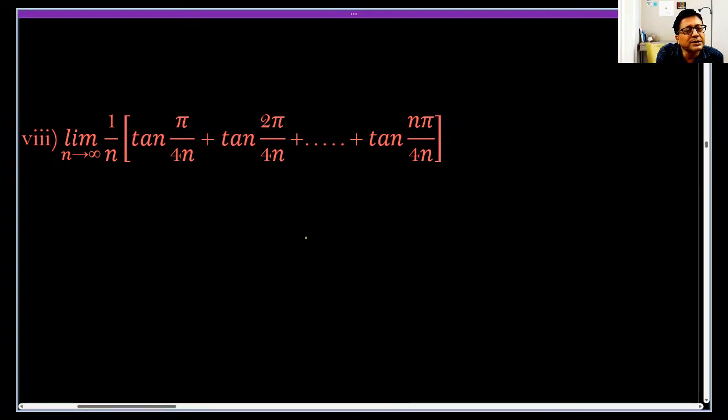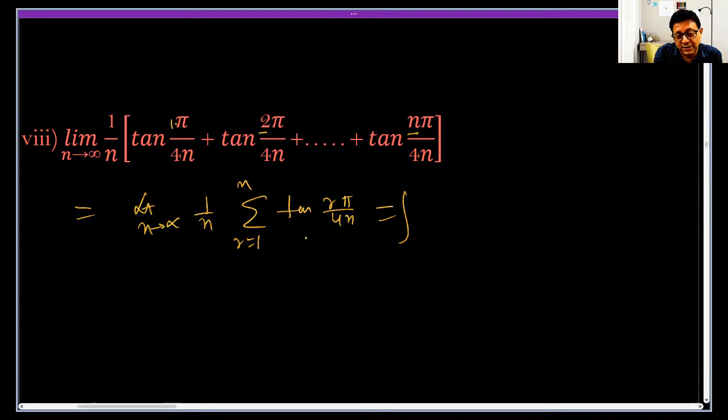See, it is given in a particular form. The pattern is given only. Sigma tan, which part is changing? It is 1, 2, then n. Tan r pi by 4n, r equal to 1 to n.